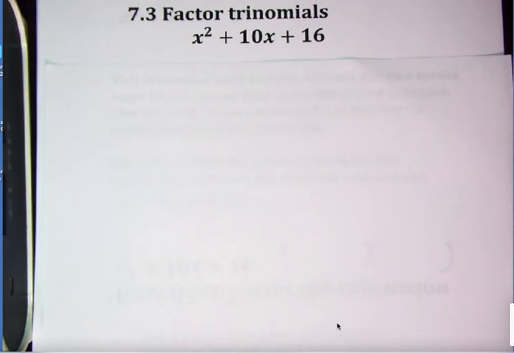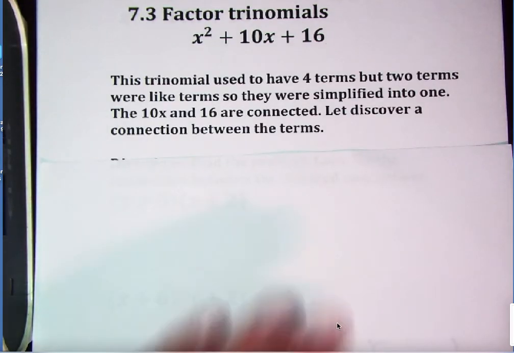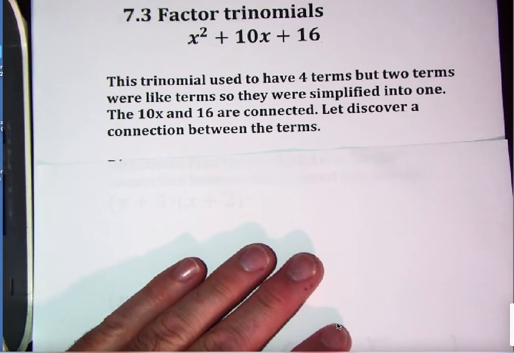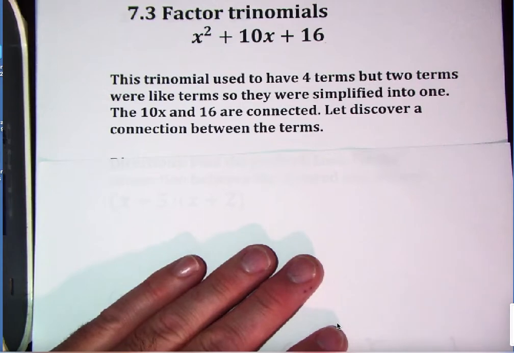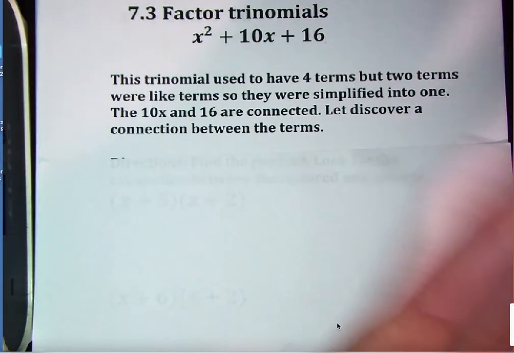Okay, this is 7.3. The idea is factoring trinomials. And what some of you usually realize is this trinomial, right, 3 terms, used to be 4 terms.